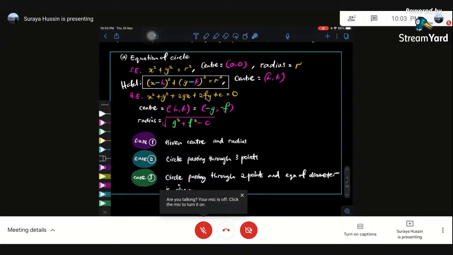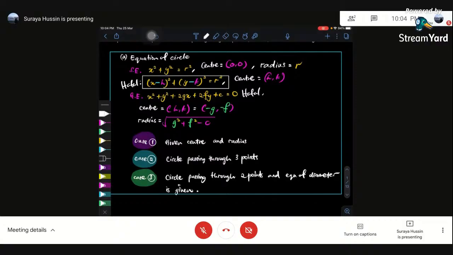Manakala kalau GE pula, you must have a quite long equation which is x squared plus y squared plus 2gx plus 2fy plus c equals to 0. Okay, it's quite long and you must also hafal formula ni. You mesti ingat dua formula SE dan juga GE.